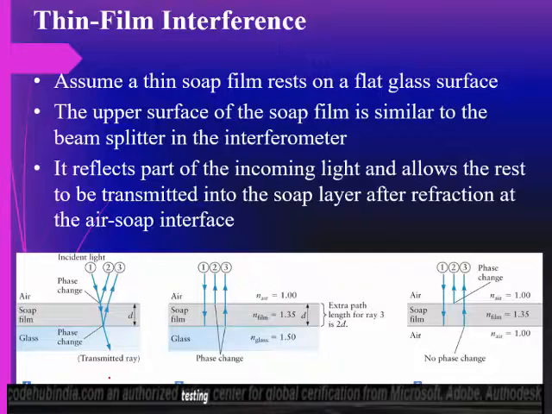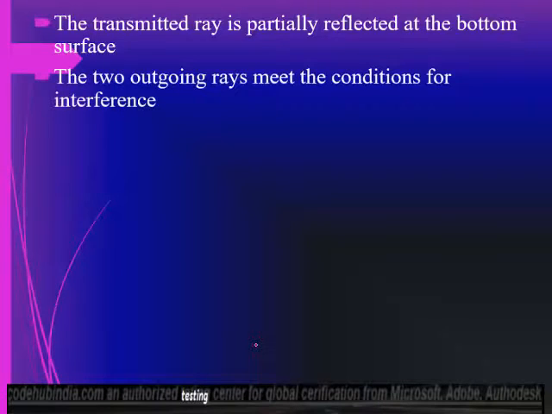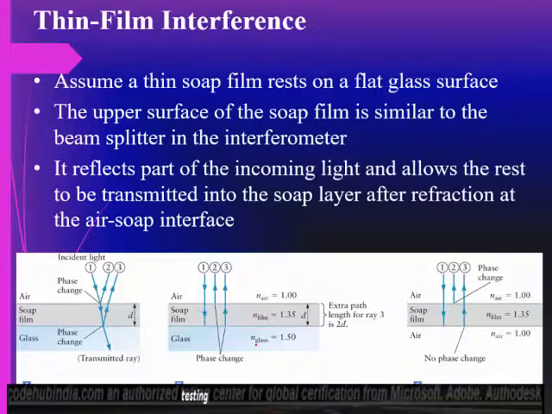The refractive indices are 1, 1.35 and 1.5 for the glass, and the ray path becomes 2d. The outgoing rays, with the condition for rays traveling through different paths, combine when they are coherent. What happens? No phase change.